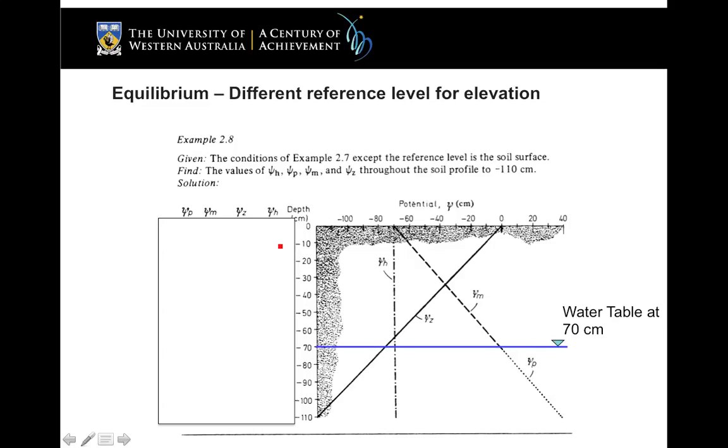There's no difference in total hydraulic head between the 2 points. But what I want you to do is calculate the pressure potential, the matrix potential, the elevation potential, and the total hydraulic potential, given that we've shifted this point up to here, and then tell me what you see.